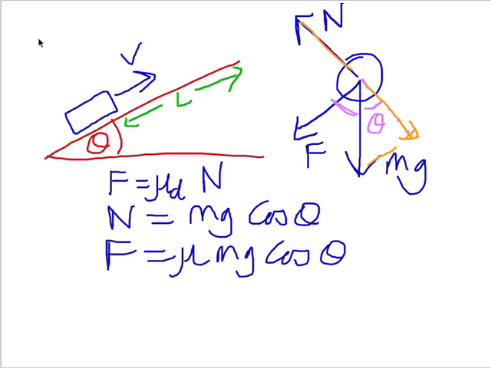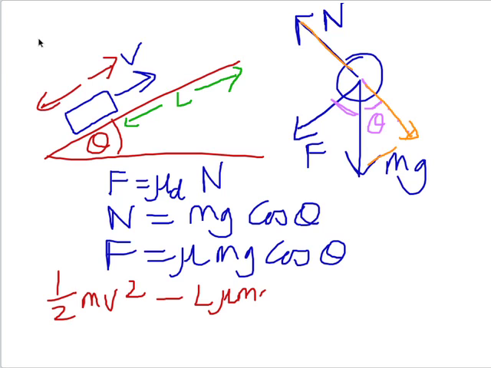So what's the energy equation? Initial energy is half mv squared. Then you add the work. In this case, the friction force is in one direction, the displacement is in the other direction, so the force times displacement is going to be negative. So the work is force, which is mu mg cos theta, times the displacement L, so it's L mu mg cos theta.